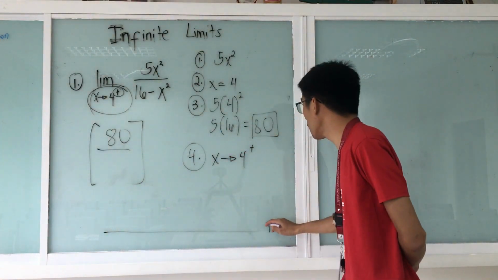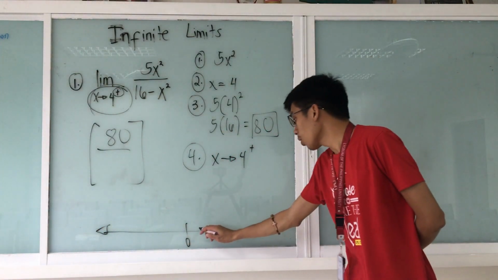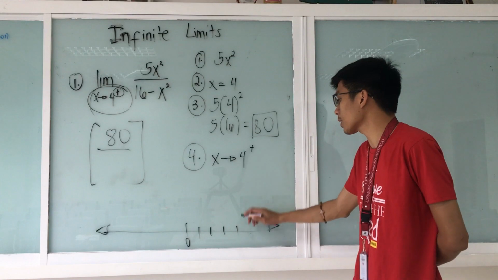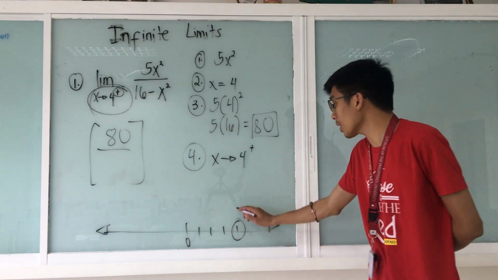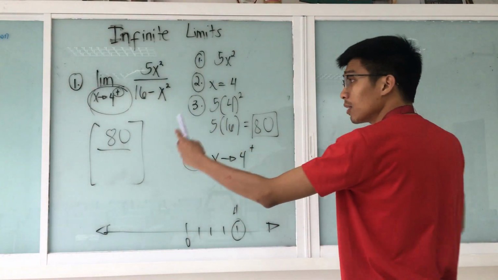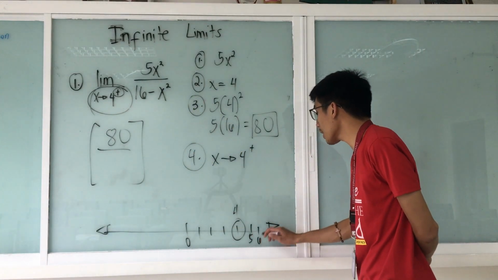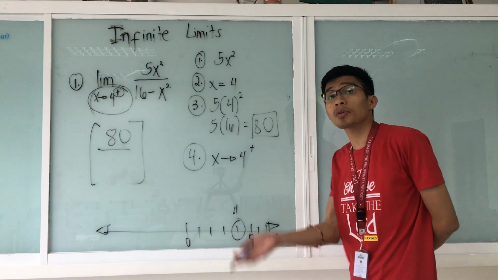Let's go to the number line: 1, 2, 3, 4. Since that is positive 4, you have to consider numbers to the right of positive 4. Those are 5, 6, 7, and so on.